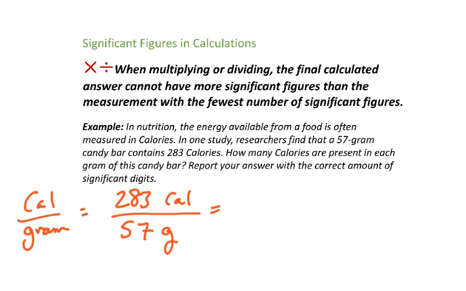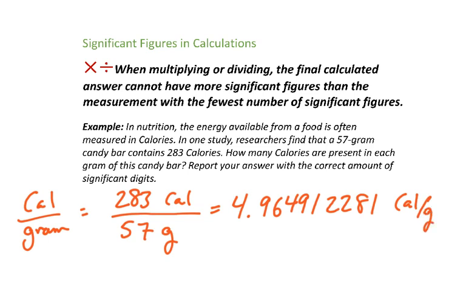And that would give us calories per gram. Now when you plug this into your calculator, you will get something like 4.96491221.